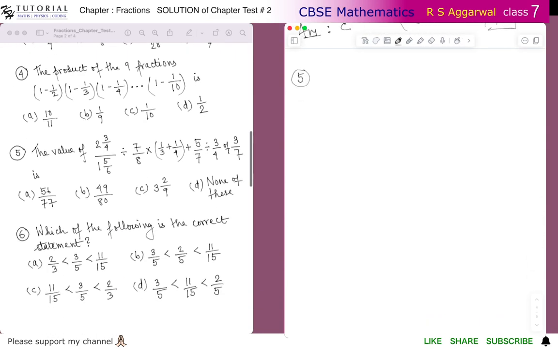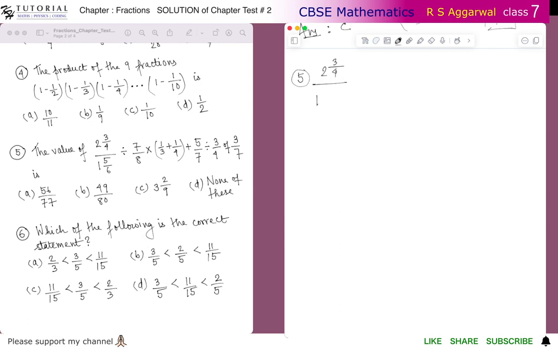The value of this. So it's asking to simplify the given expression. So it is 2 3 by 4 1 5 by 6 divided by 7 by 8 into 1 by 3 plus 1 by 4 plus 5 by 7 divided by 3 by 4 of 3 by 7.